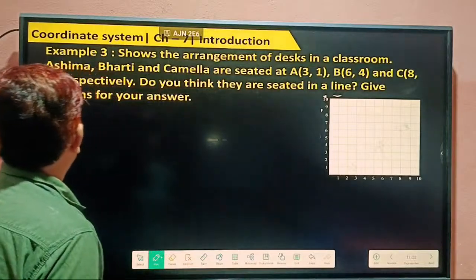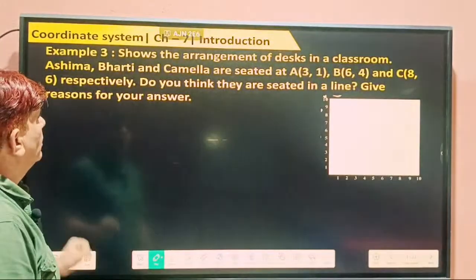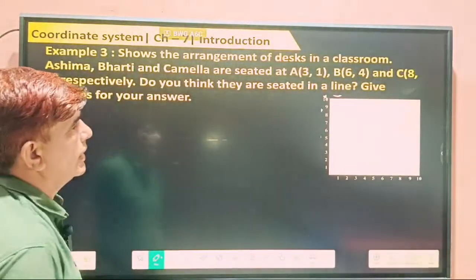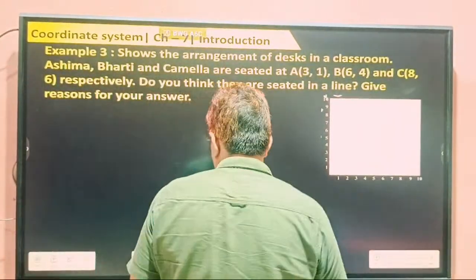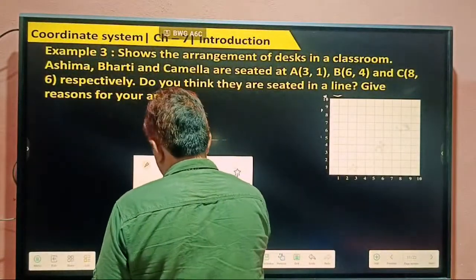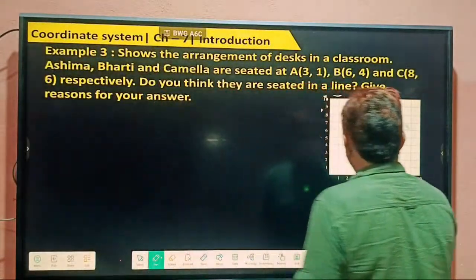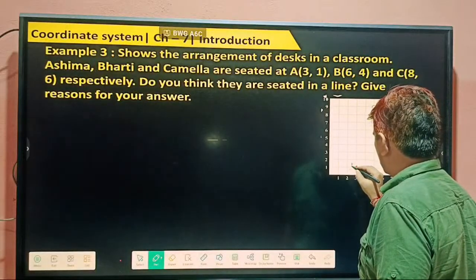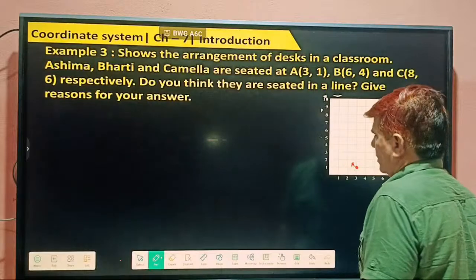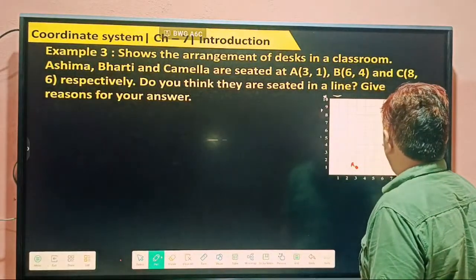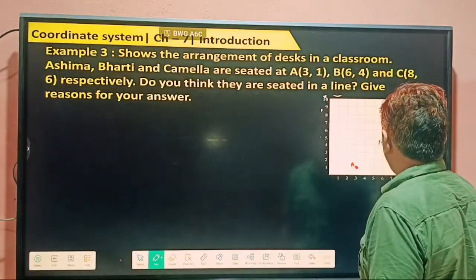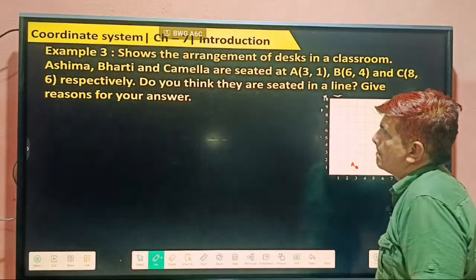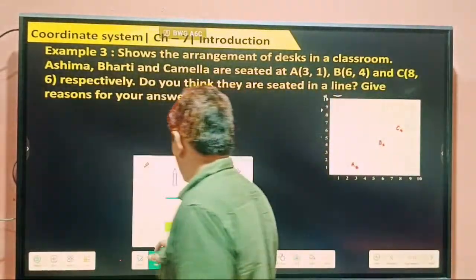This example number 3, if you can understand, is so much easy. Show the arrangement of desks in a classroom. So one desk is here, one desk is here, its name is A. Another desk is here, its name is B. Another desk is C. Understood or not?